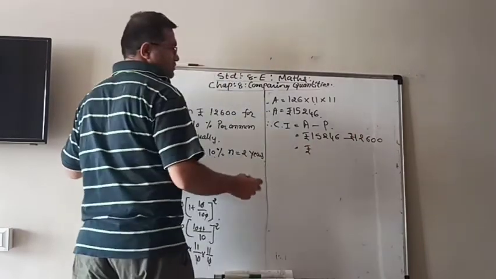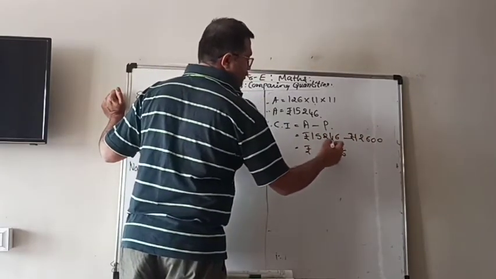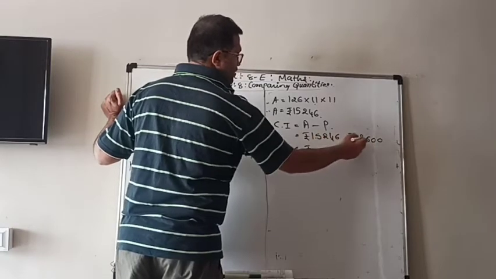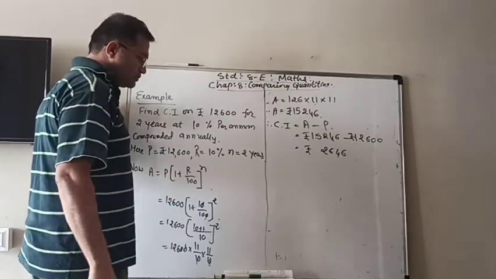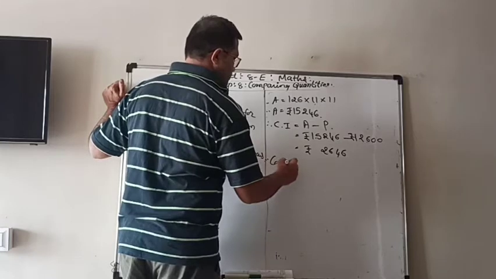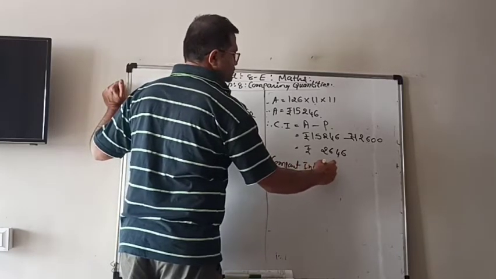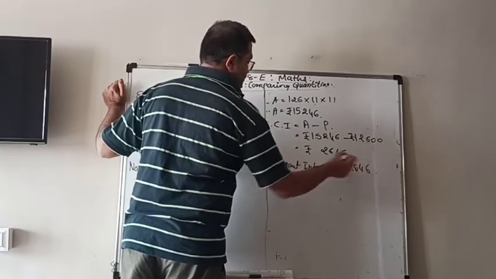That is rupees 6 minus 0 is 6, 4 minus 0 is 4, 12 minus 6 is 6, 4 minus 2 is 2. So rupees 2,646. Therefore, compound interest is equal to rupees 2,646.